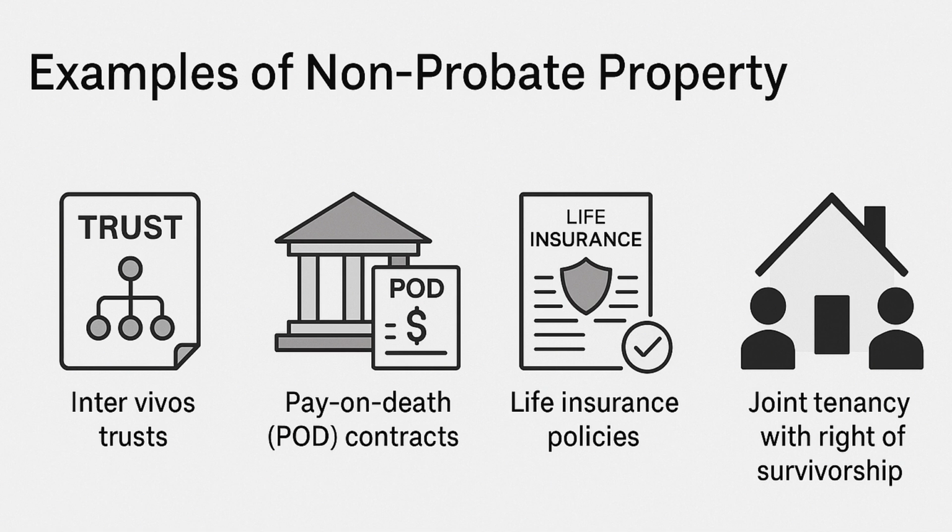There are life insurance policies where proceeds go directly to the named beneficiary. And then there are joint tenancies with right of survivorship, where the surviving joint owner automatically receives full title at the death of the joint owner. You may remember this title from property law. Each of these mechanisms bypasses probate entirely.